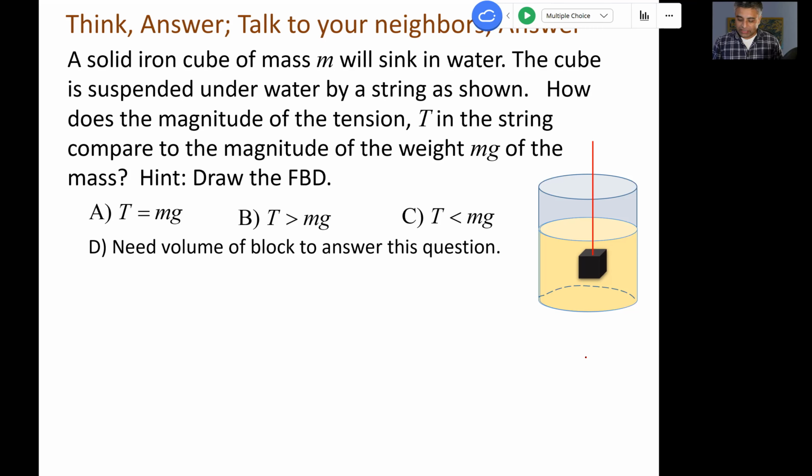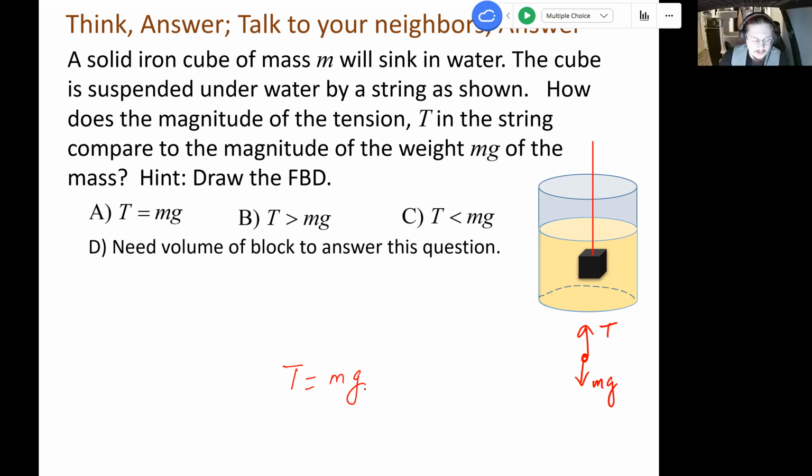So this thing has a weight, mg, and there is tension, right? So tension is equal to mg. Did I make any mistake here? Doesn't tension have something else in addition to it?